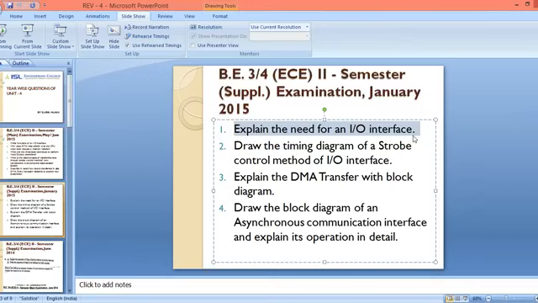We require this I/O interface, which can easily translate the input output language into the CPU language. That is one point. The second point is the speed of operation, as the speeds of operation are mismatched. For this mismatch in speed of operation, we use the I/O interface device. You need to write that down. This is January 2015.